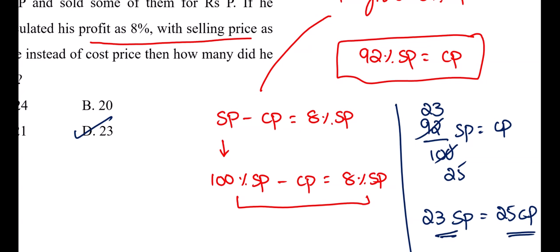Here they asked a new thing with respect to selling price. That's why basic profit SP minus CP, loss CP minus SP is sufficient. The entire topic depends on that simple point. Still, if you have any doubts, let me know, or else we'll continue with the next questions.